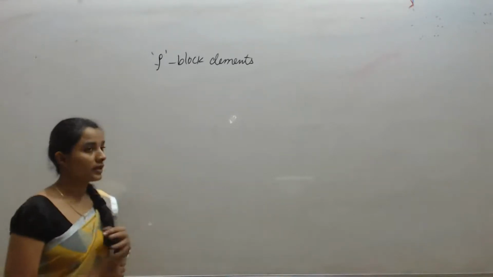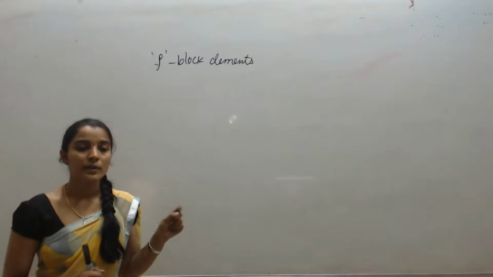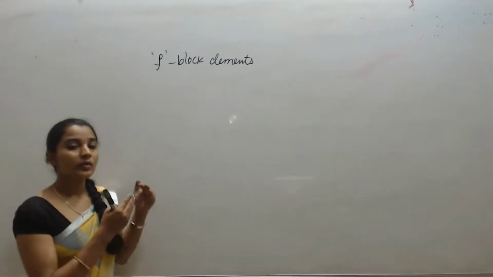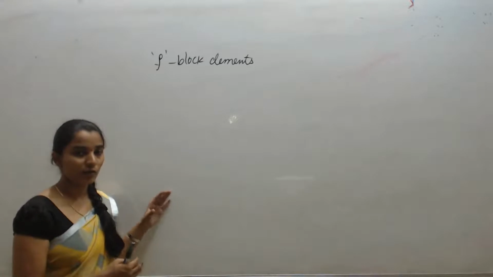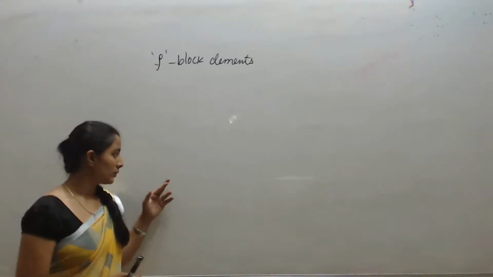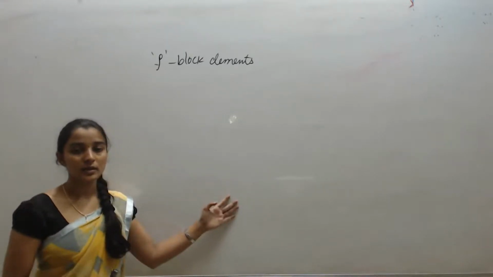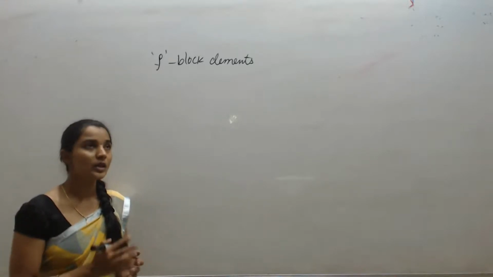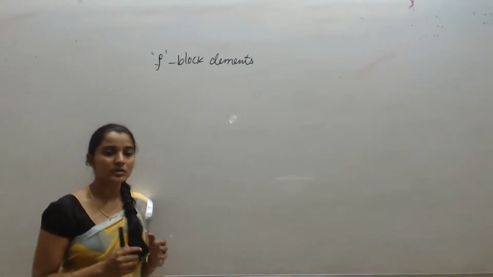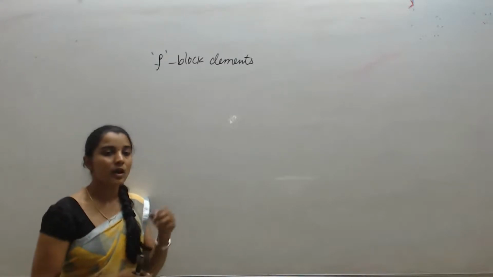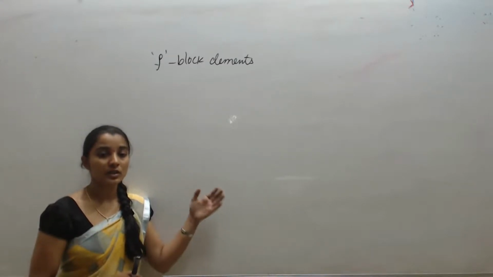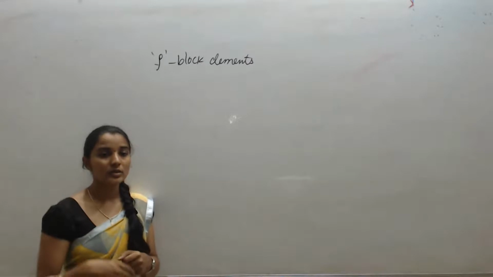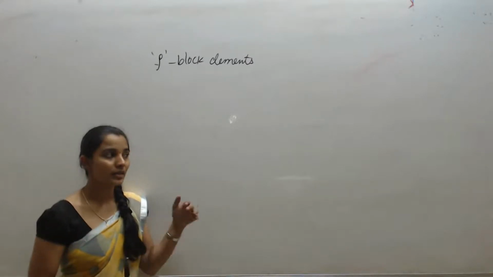Lanthanides are non-radioactive elements except promethium, but all the elements in the actinide series are radioactive. They have their half-life period, which means after the half-life period they change their state.